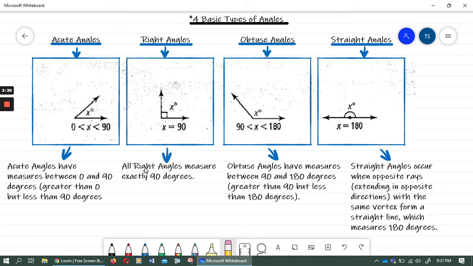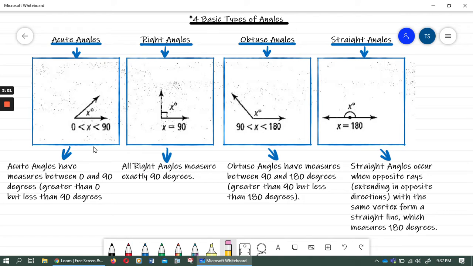There are four basic types of angles, and most of you enrolled in my classes should remember these. This should not be new for you, but just in case you need a refresher, we've got acute angles.